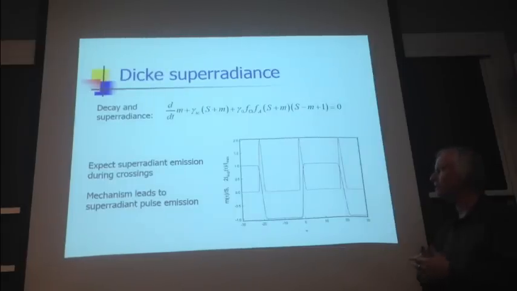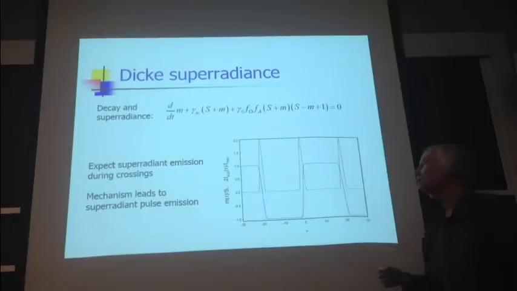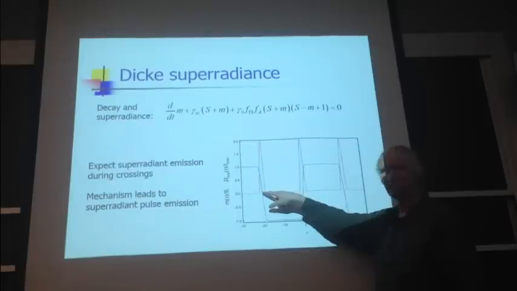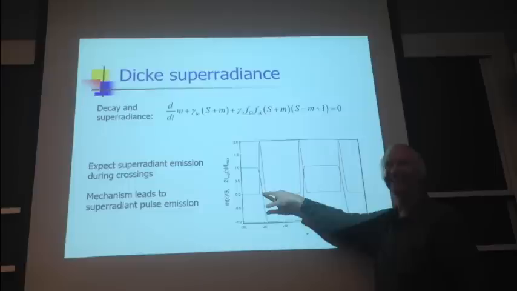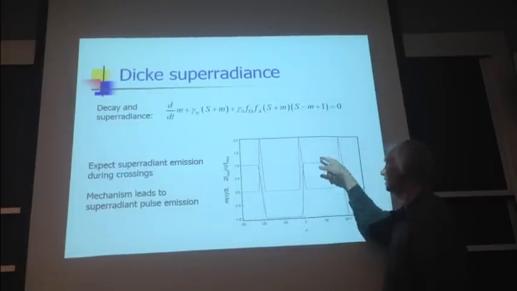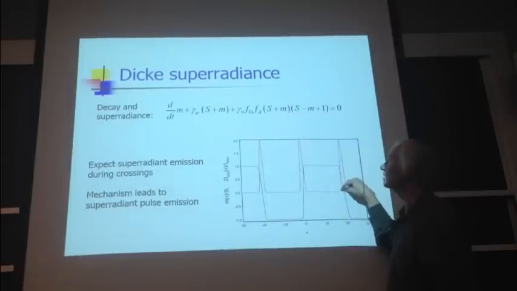And so you need an acceleration of the radiative decay in order to actually get an X-ray beam. You need Dicke superradiance. It turns out Dicke superradiance is maximized during these Rabi flopping right in the middle. So in association with nonlinear Rabi oscillations, you would expect X-rays to be emitted in pulses.